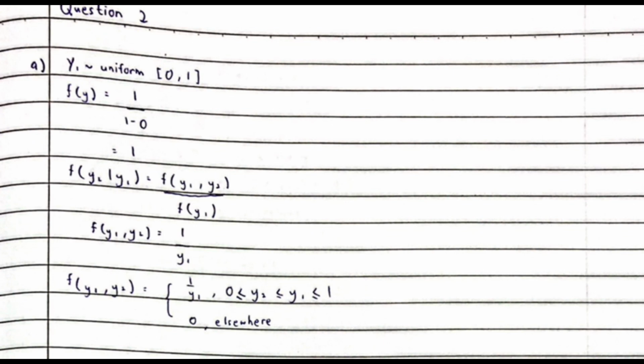So the joint function is 1 over y1, where 0 ≤ y2 ≤ y1 ≤ 1, and 0 elsewhere.